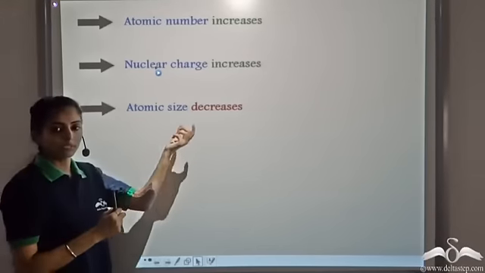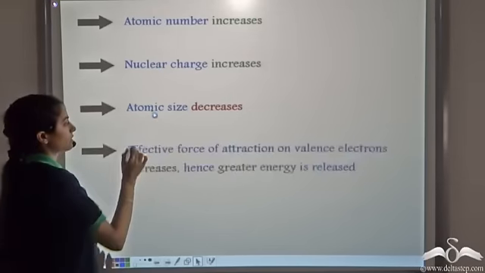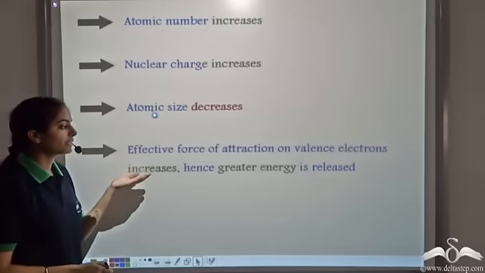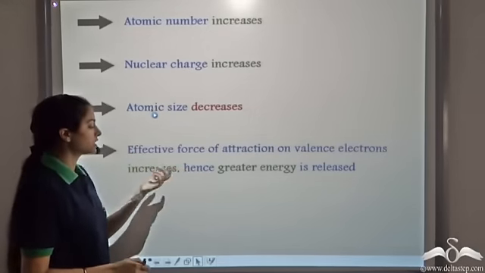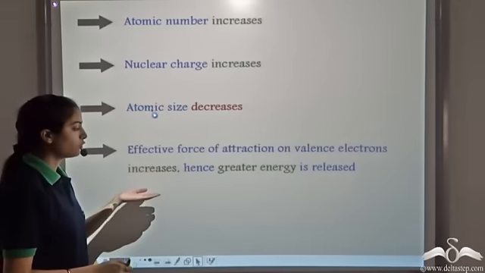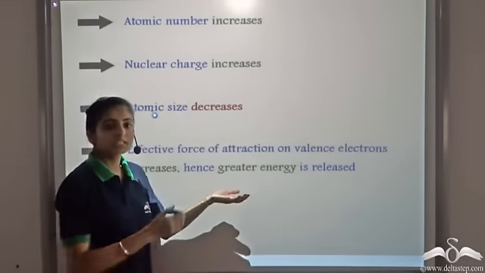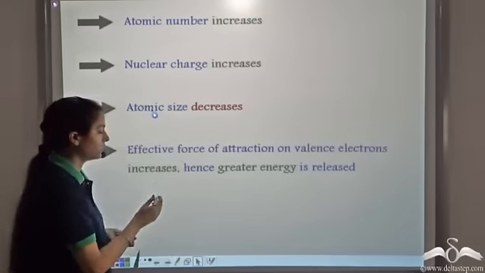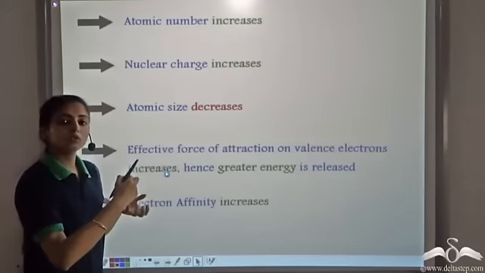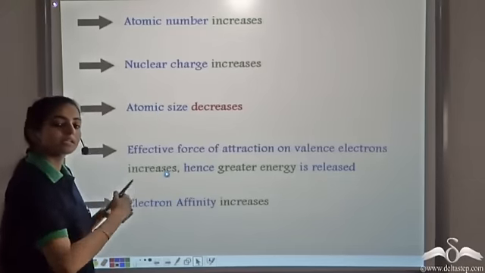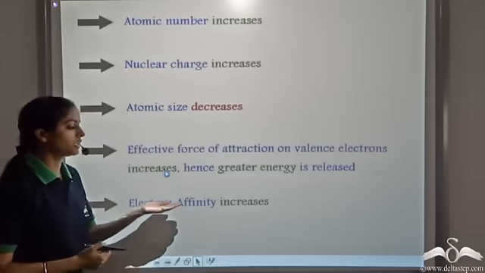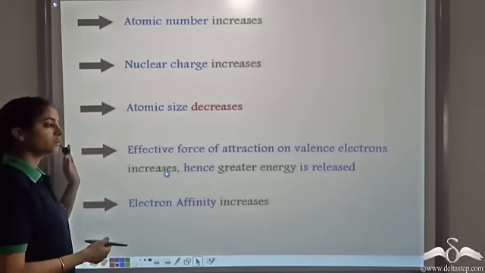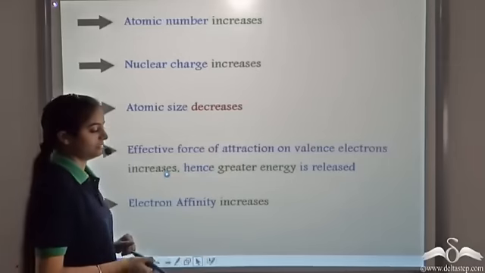As a result, atomic size decreases. This leads to effective attraction on the valence shell being increased. Therefore, the greater energy is released when an electron is added to the atom. Since the affinity towards the nucleus increases, greater energy is released. Therefore, the electron affinity increases when we move from left to right in a period.